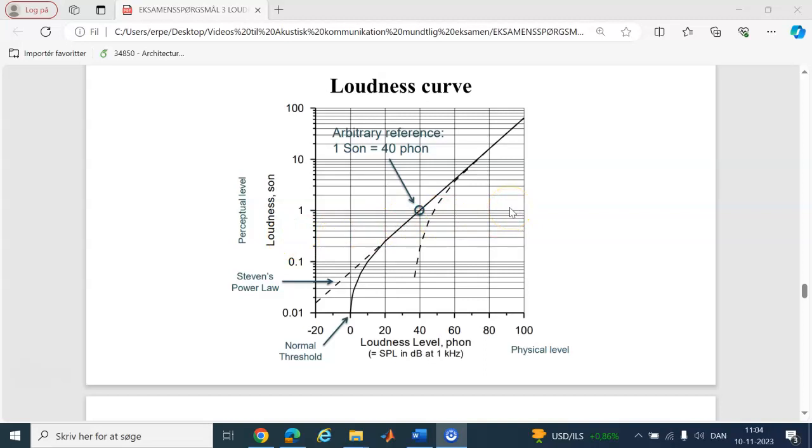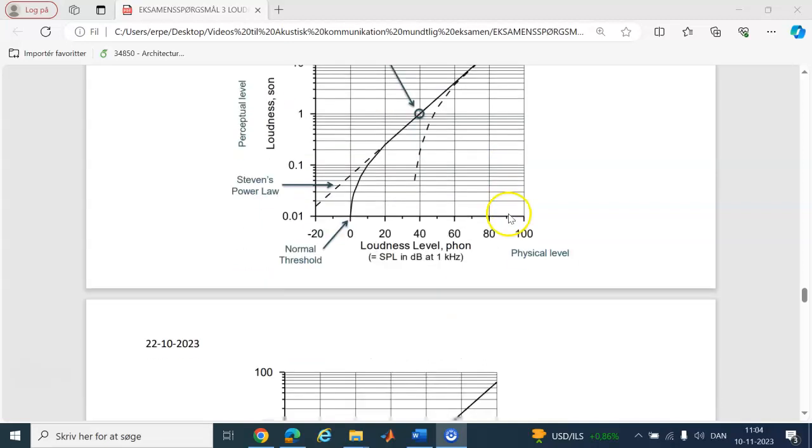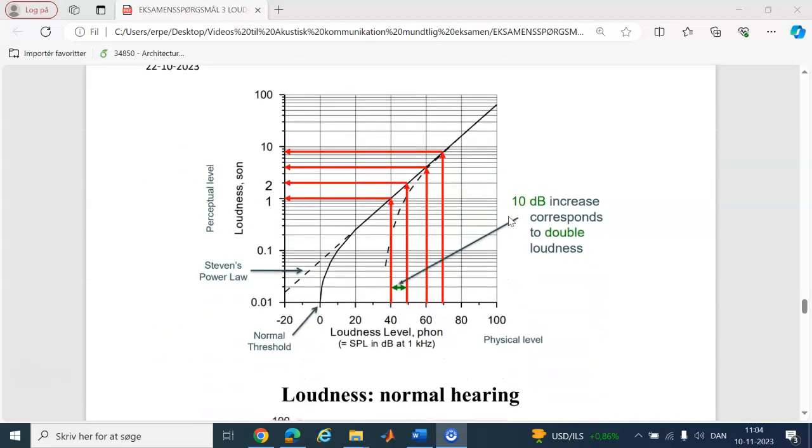Here we use an arbitrary reference: one sone is the same as 40 phons. And if you raise your loudness level in phons, that means the SPL in dB at 1 kilohertz, a 10 dB increase corresponds to double loudness.